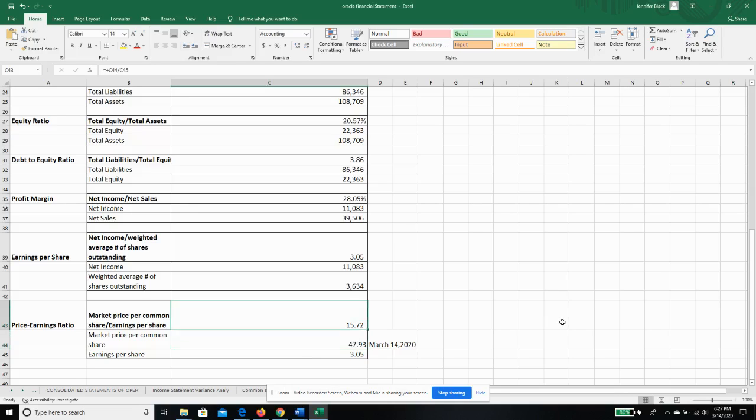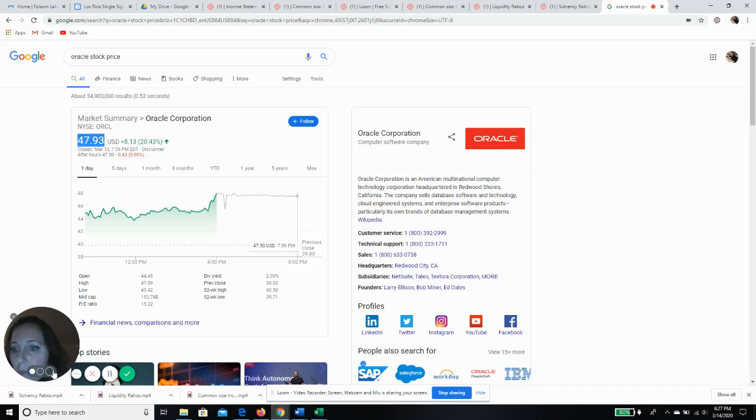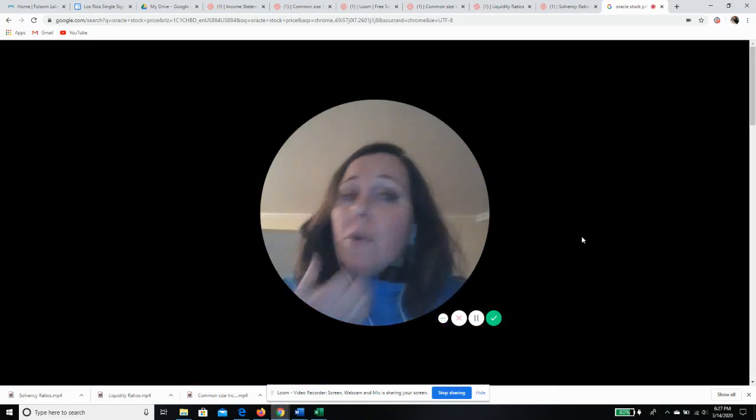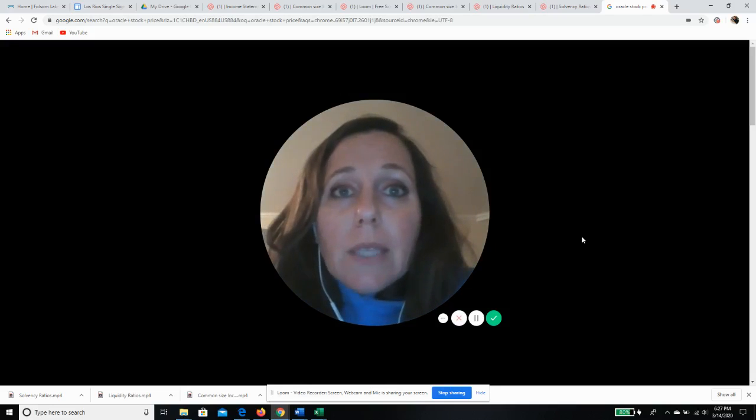And this is where you want to look at competitors. So if I looked up the price earnings ratio for Oracle's competitors, maybe I'd look at SAP or Workday or whoever else Oracle says is their competitor, and see what their price to earnings ratio is.